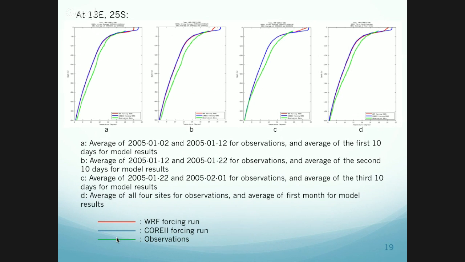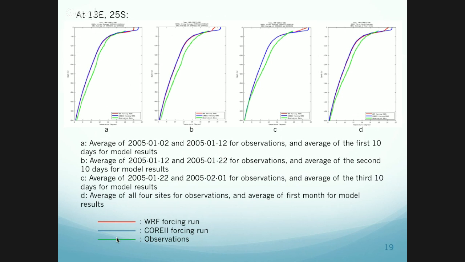Let me explain. Because the model output is averaged every 10 days, we don't have a snapshot for one single day. The first observation is on 2005 January 2nd, and the second is on January 12th. We cannot just compare the observation with one single day of the model because we only have 10-day average output.